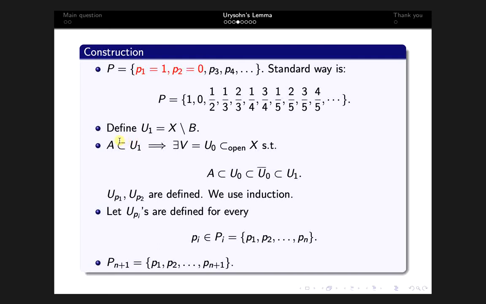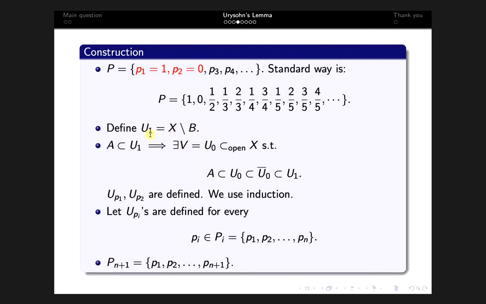Now we apply the characterization theorem. A is a closed set and U1 is an open neighborhood of A. Therefore there exists an open neighborhood V of A such that the closure of V is contained in U1. We denote this V as U0.